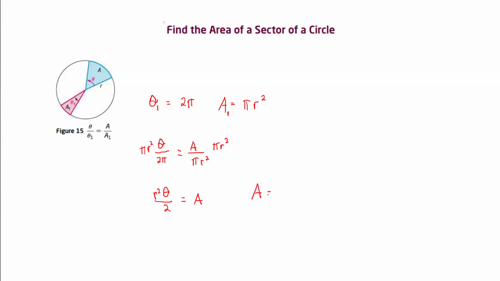So we're going to say A is equal to, and I'll just write the over 2 as 1/2, times r squared theta. Okay, and that's for an arbitrary area of a circle and then the arc length that creates this area.